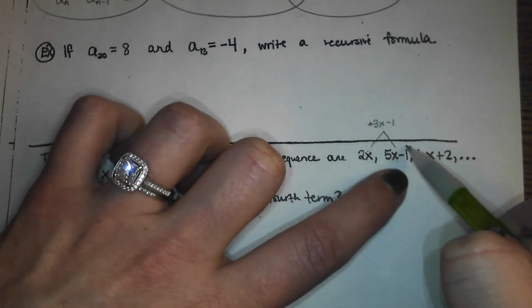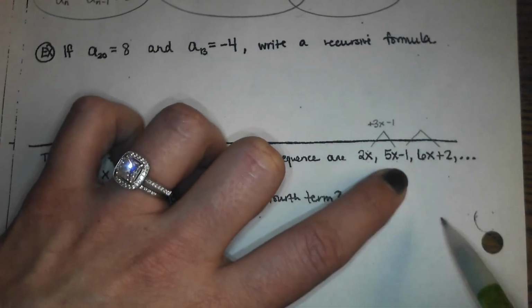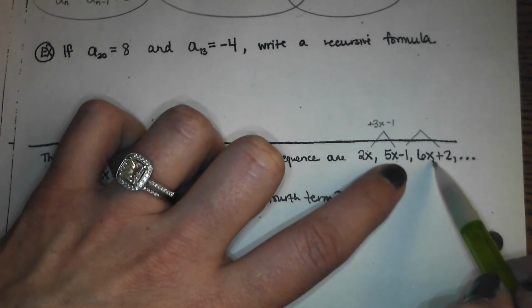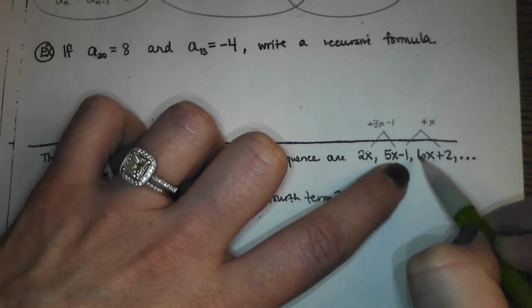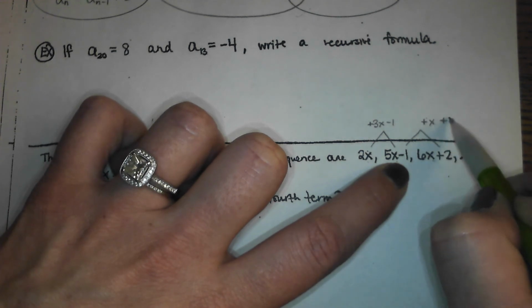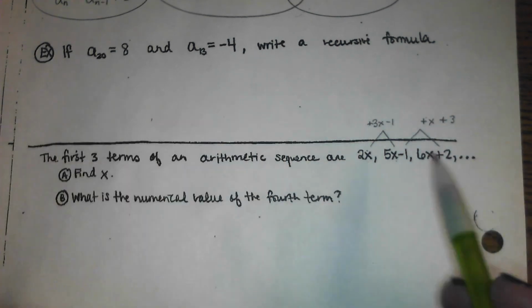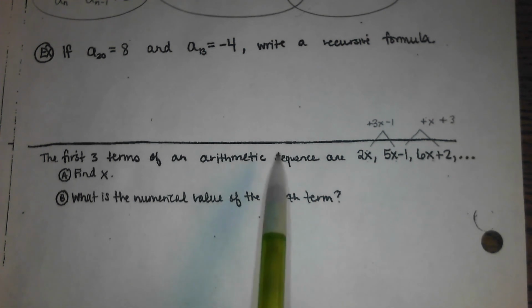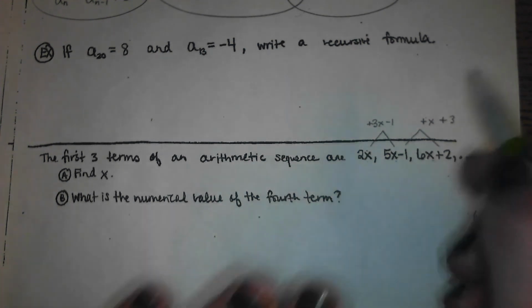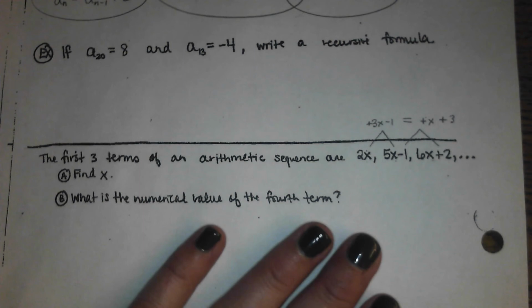What are you doing to get from here to here? Adding x and adding 3. Do you see that, Owen? Okay. Now, those don't look the same, but if it's an arithmetic sequence, they need to be the same. So set them equal to each other and solve for x.